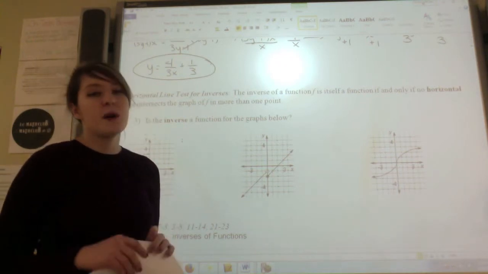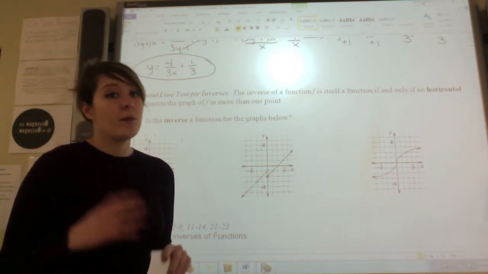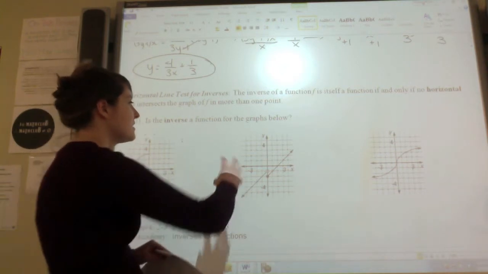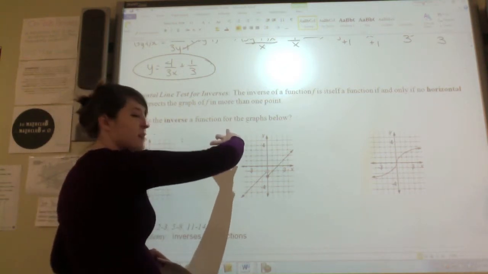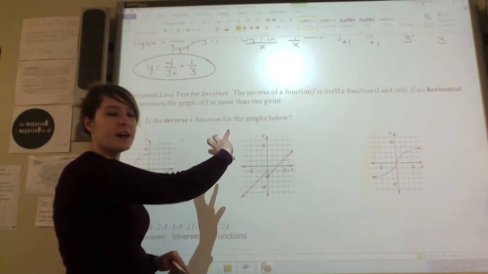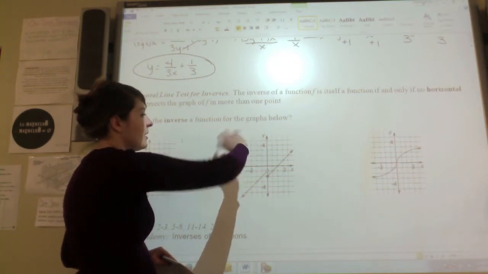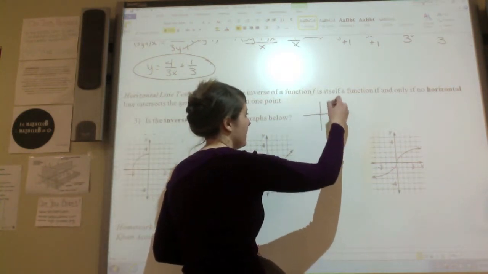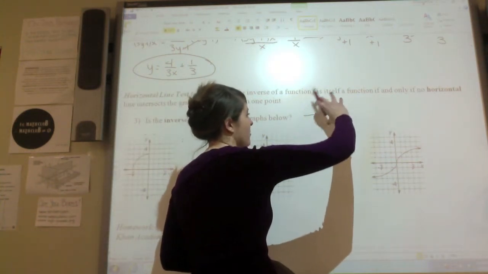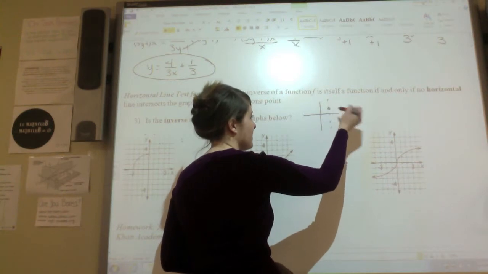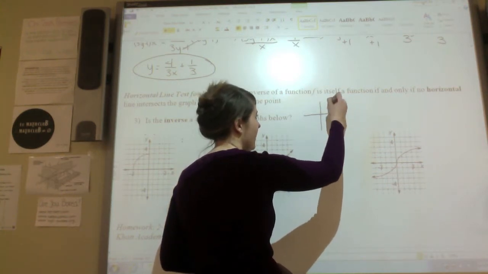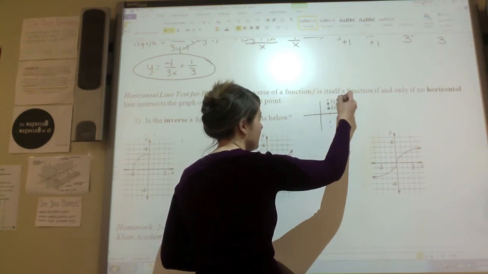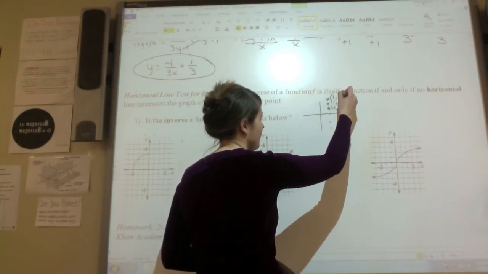So because I'm swapping the x and y values, or I'm reflecting over the line y equals x, what that means is if I were to rotate that vertical line for the vertical line test, basically, if I've got my vertical line here, okay, and I'm rotating it by swapping each of my x and y values, so let's say this is 1, 1, this is 1, 2, this is 1, 3.